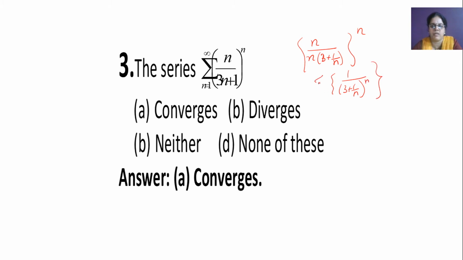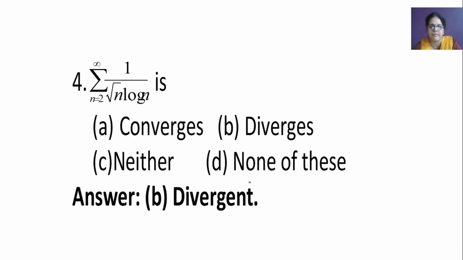This is sigma of this term. So there is a formula for 1 plus 1 by n power n. It converges to the number e. So this also converges to the number e, 1 plus 1 by n power n. So it is of that type. It converges, or you can also use the root test and show that it is convergent.